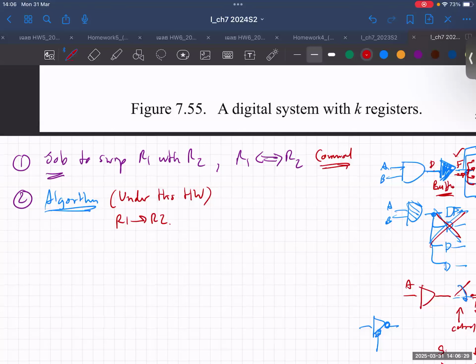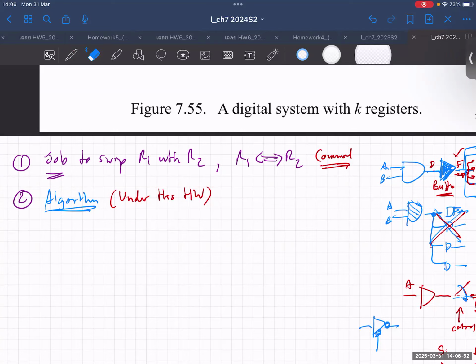R2 will disappear. You can't get it back because it's overwritten by R1, right? So it's not that simple, R1 to R2 and R2 to R1. Can you do that? No. So what do you need to do? What do you need to do?